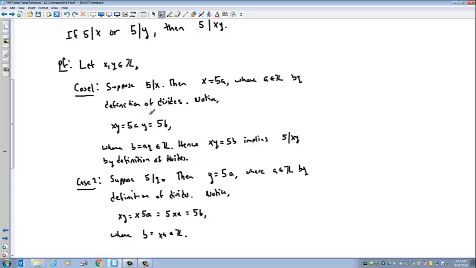And remember, this b and this b are not the same b, but we can reuse a letter if we redefine it, because this proof is sort of done, and then we're moving on to the next case.